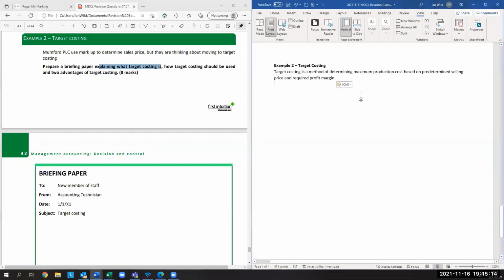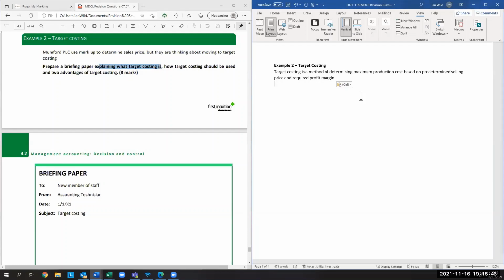Now be careful, Natalie, with life cycle costs, because it's not relevant for this one. Target costing is where we take the selling price and take off the profit margin we need, and that leaves us with the costs that we require. So we know what we want to sell it for, and we know what profit we want to make.